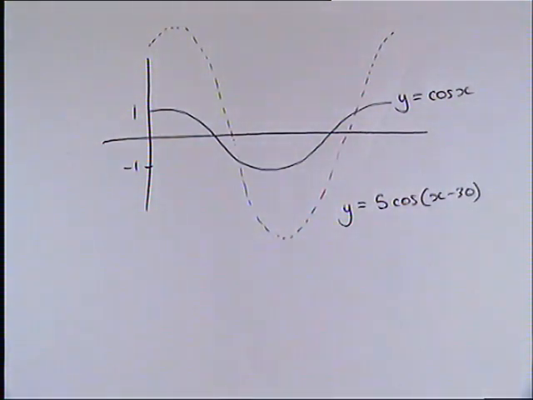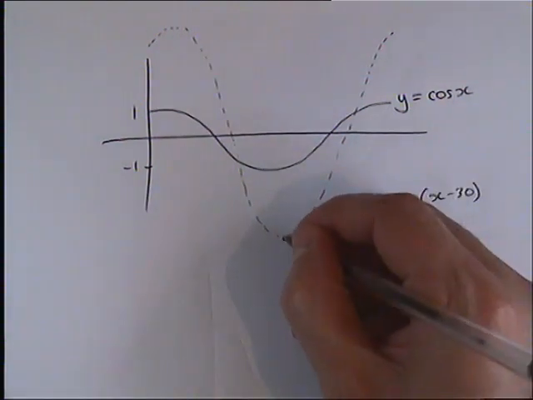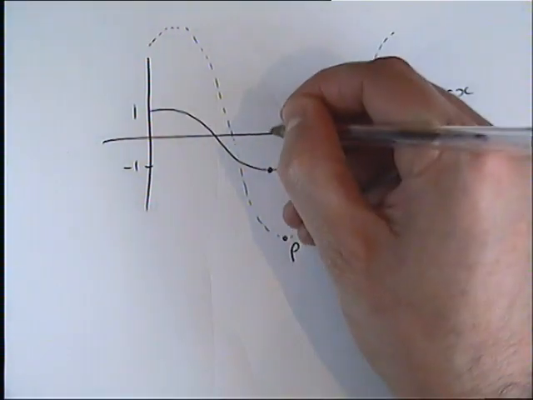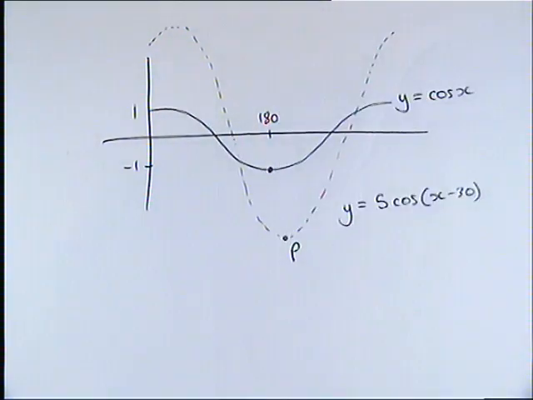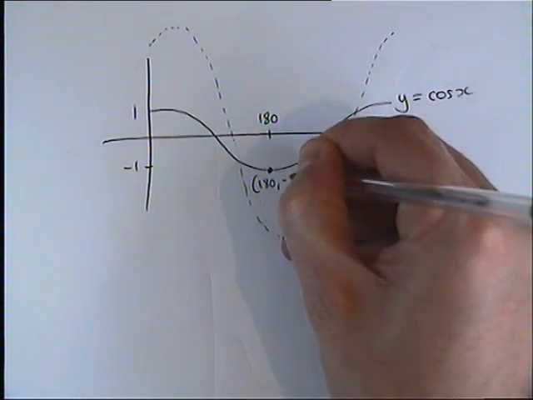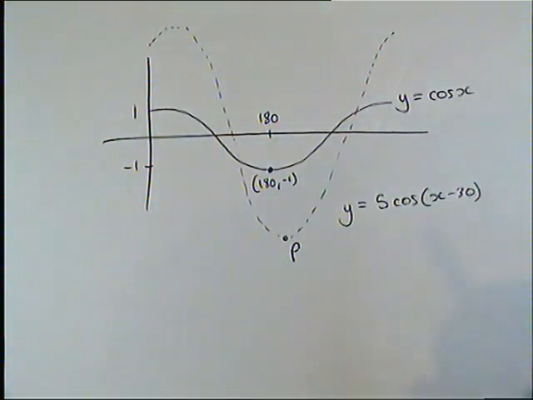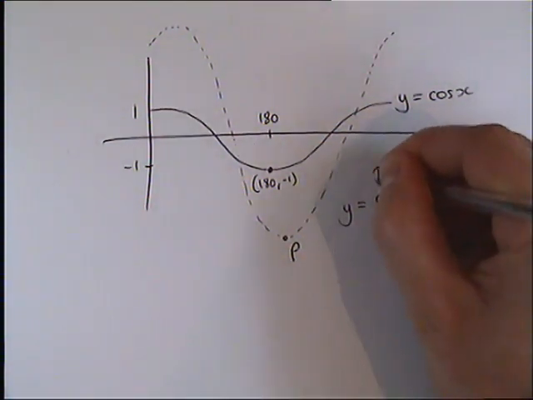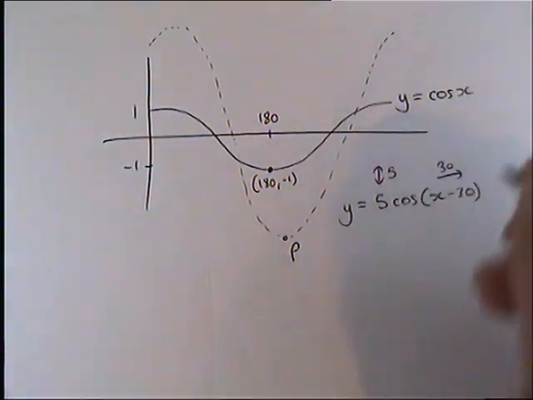And what we've got to do is try to figure out where this point here, P, is. Well, the corresponding point on the original graph is here, (180, −1). But remember what we said: this graph, the dotted one, the one we've been given, has been moved to the right by 30 and stretched by a scale factor of 5.